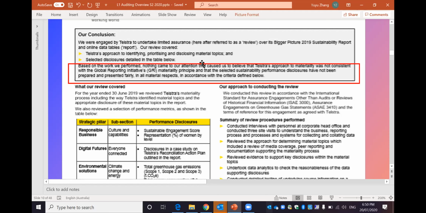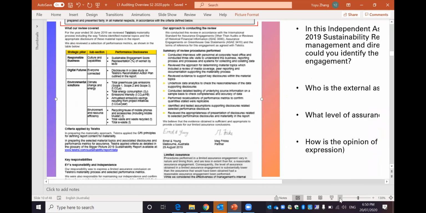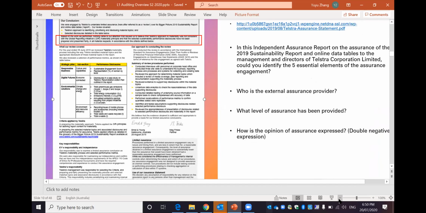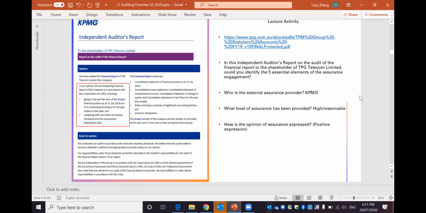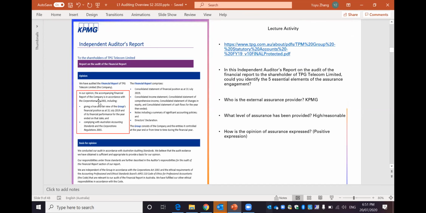Okay. So why shall we emphasize this? It is because conceptually, we give it the name double negative expression of audit opinion. Do you feel this expression is different from the high-level audit statement? In the last page, the opinion is expressed in a very, very positive way.